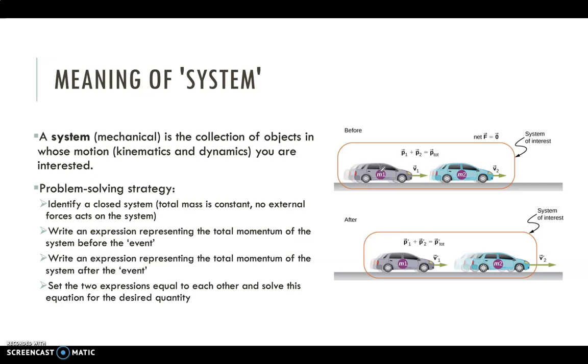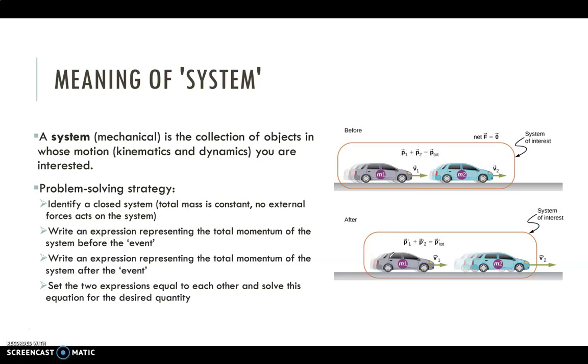So that will be your system. Before and after, we have a net force equal to 0. We have some momentums, p1 and p2, and they equal some total p. Same thing with after. We'll have a different momentum, but it'll still equal some total momentum.